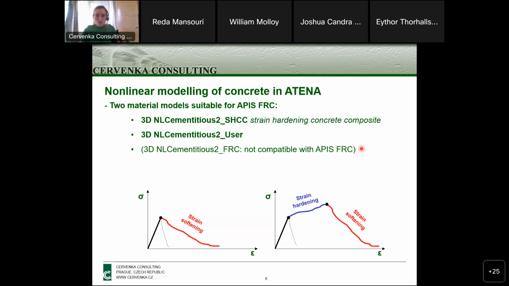The last one is just mentioned here so that you know it exists, but I will not introduce it properly because we are focusing on the optimization process with the APIS module today. So we have 2 different material models. The first one is called Cementitious 2 Strain Hardening Concrete Composites, and the second one is Cementitious 2 User.